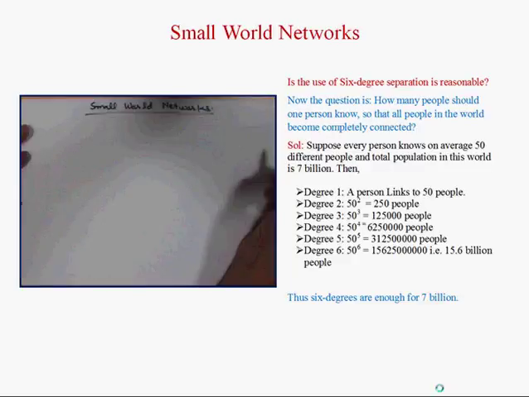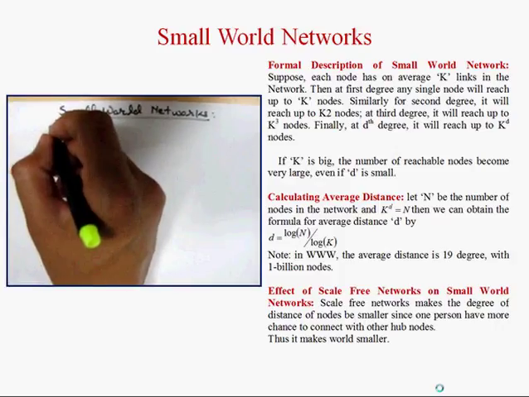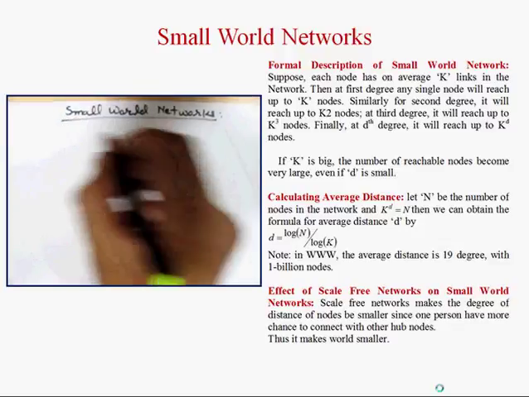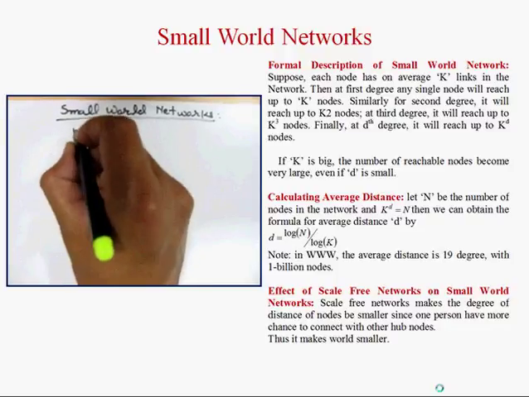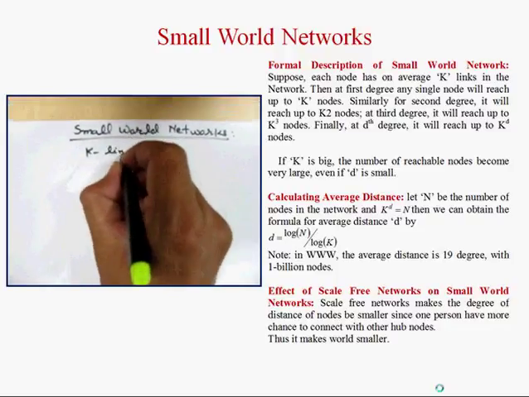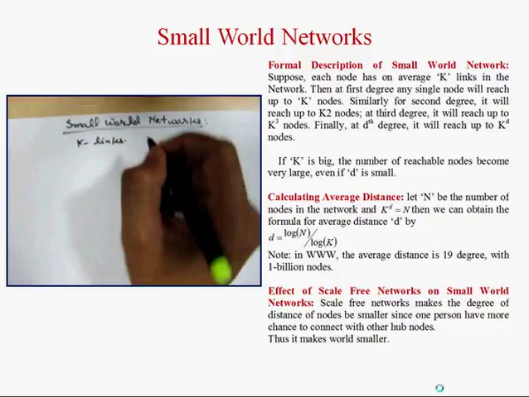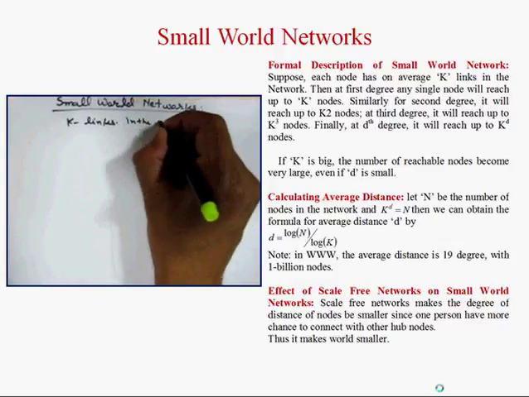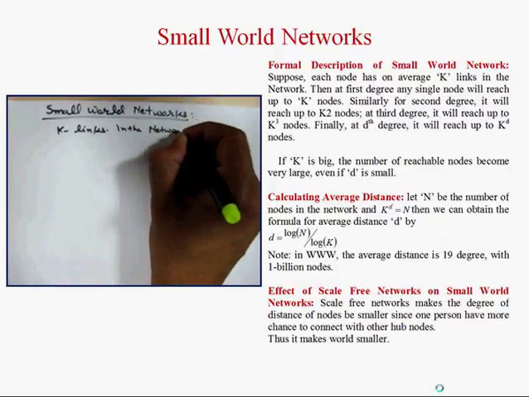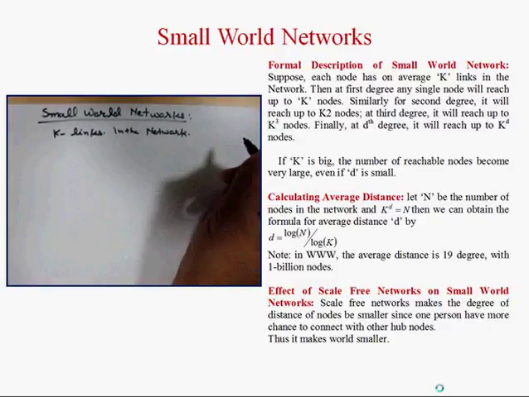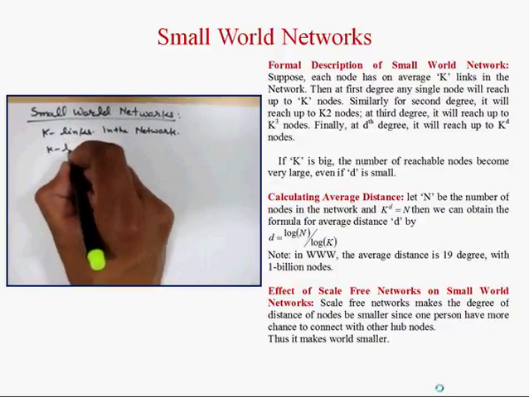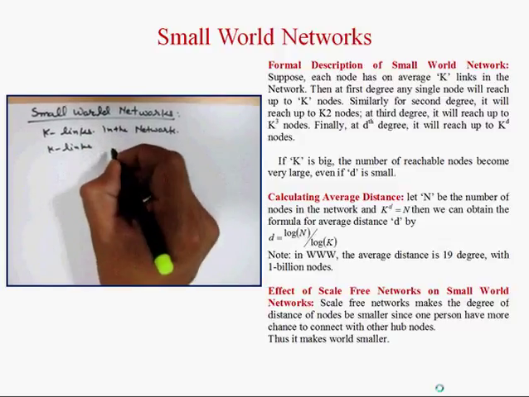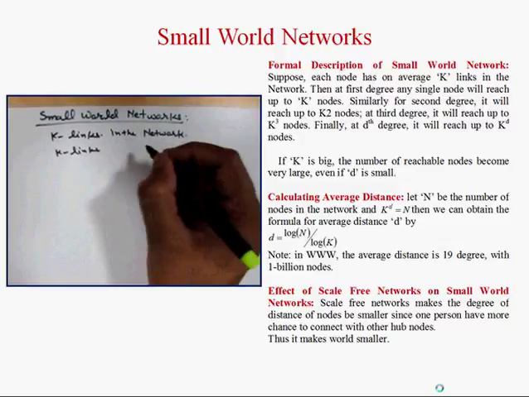Formal description of small world networks. Suppose each node has on average k links in the network. Then at first degree, the node will reach up to k nodes, and at the second degree, it will reach up to k square nodes.